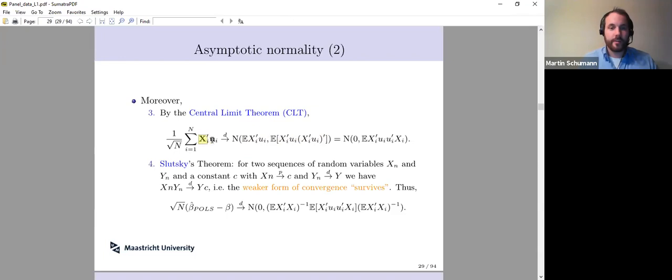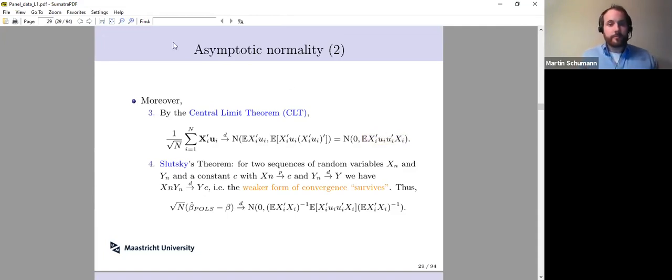Simply this thing times its transpose in expectation. That's the variance. Of course, we have assumed contemporaneous uncorrelatedness. That means that this expectation here is 0. And simply by opening this bracket, we get this asymptotic variance.